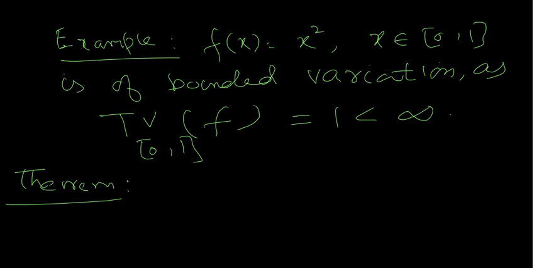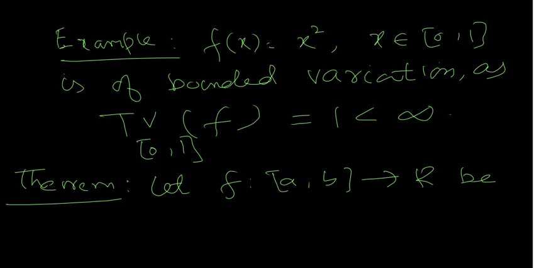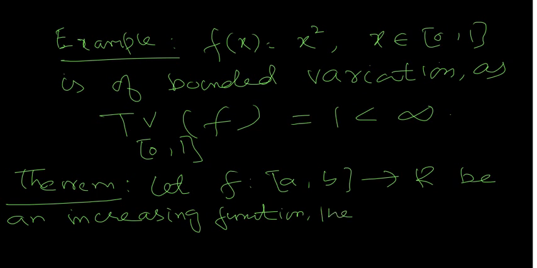Let f from [a, b] to R be an increasing function, then its total variation TV f over this interval, this is a fixed interval here, is finite.